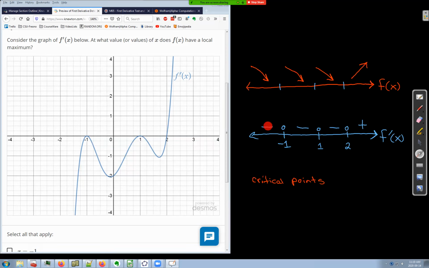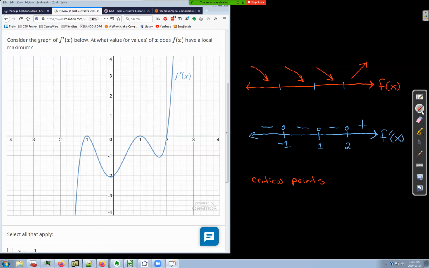All you care about is where the derivative is below the x-axis and where it is above the x-axis. There's a lot of stuff here to distract you, but that's what allows us to say where the original function is increasing and where it's decreasing.